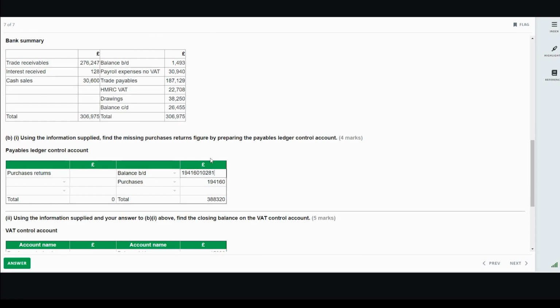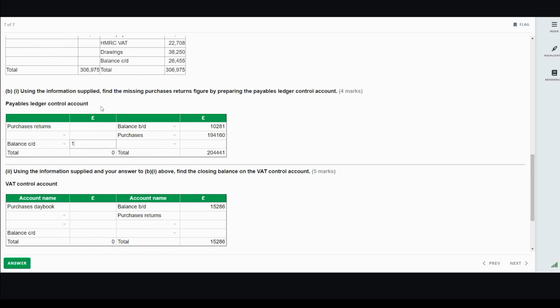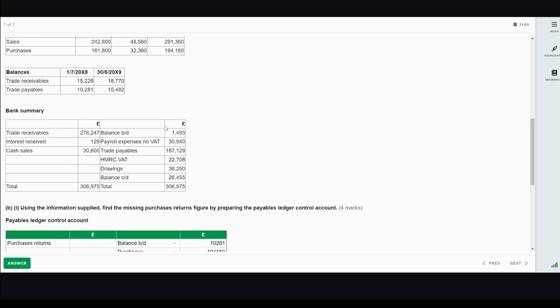Then I'm going to put in here, because I know my balance carried down has got to go on that side, a balance carried down of 15482, because that would be brought down then on the opposite side.